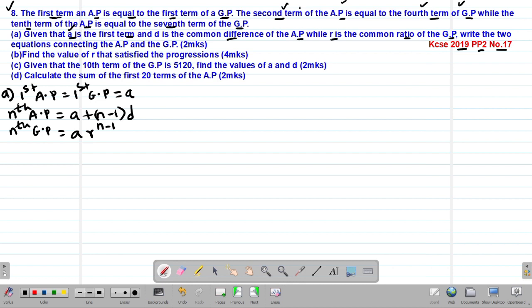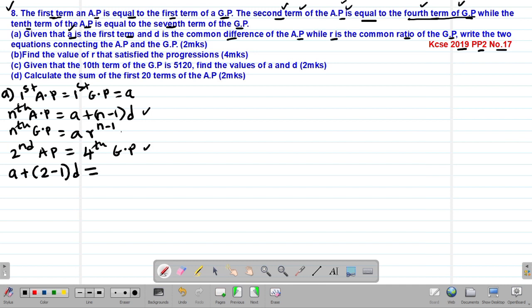So we are told that the second term of the AP is equal to the fourth term of the GP. Now we know that from this particular formula, the nth term of any given AP is A plus n minus 1 D. Therefore, the second term will be A plus, our n will be 2, so 2 minus 1, then we multiply with D. This one should be equal to the fourth term of the GP.